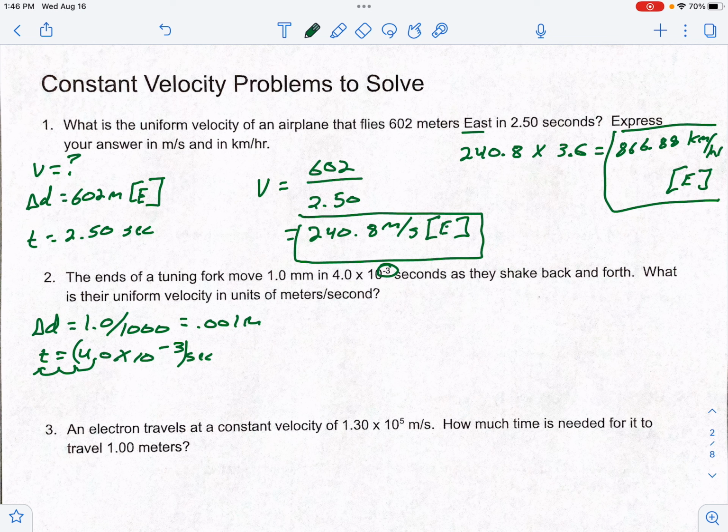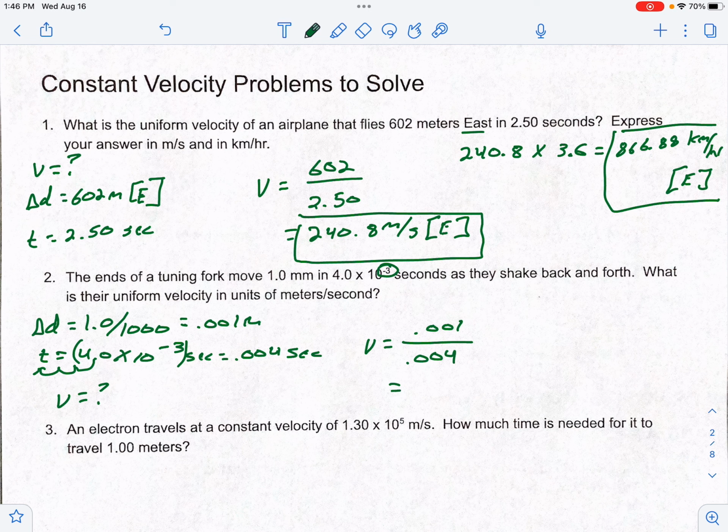And then you just fill in the blanks with zeros. So that's the same thing as saying 0.004 seconds. Now, I'm looking for velocity. I don't know what it is. I'm looking for it in meters per second, so that's my question mark. So velocity equals my displacement, 0.001, over my time, 0.004.